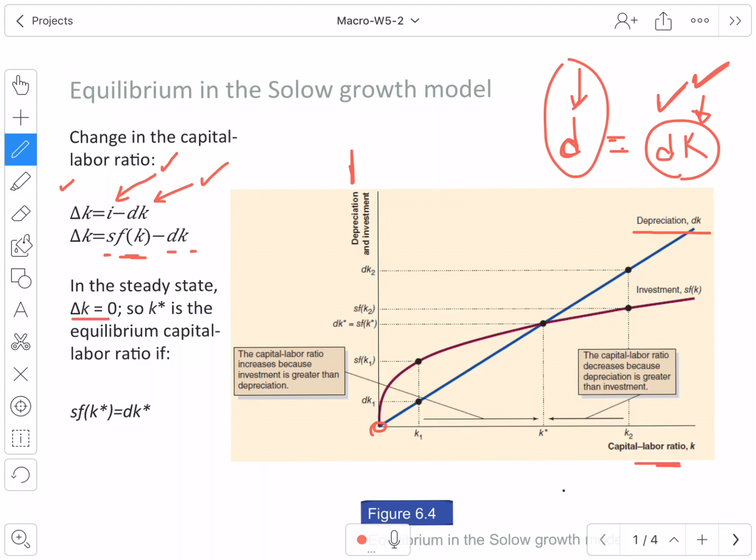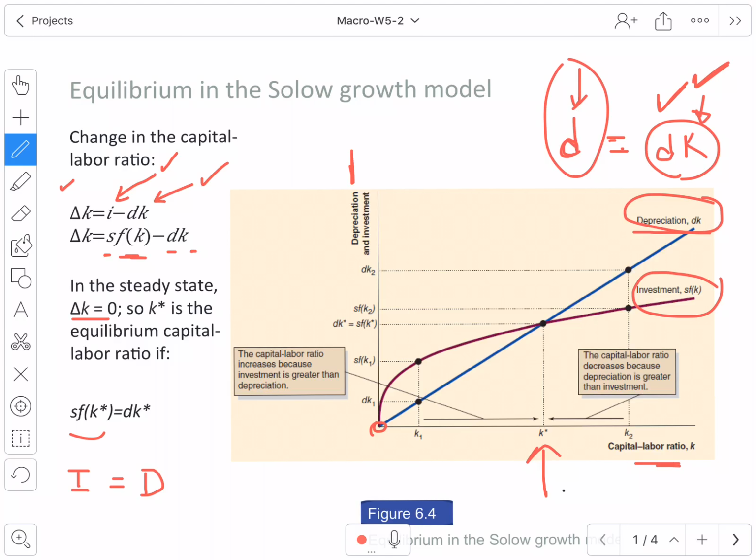So in order to be able to get into the steady state, which we call K star, whatever you add has to be equal to whatever you subtract, right? Whatever you add, which is I, has to be equal to whatever you subtract, which is depreciation.